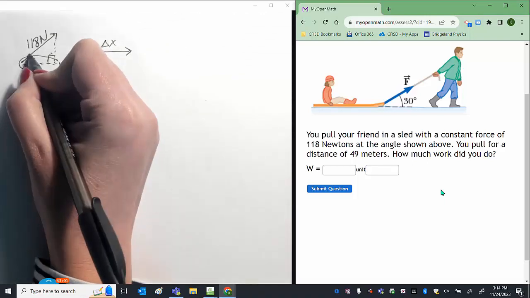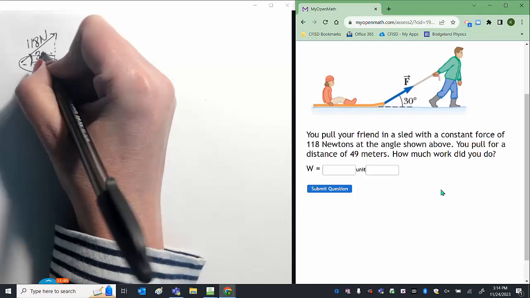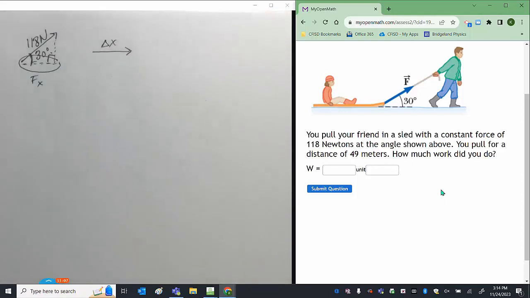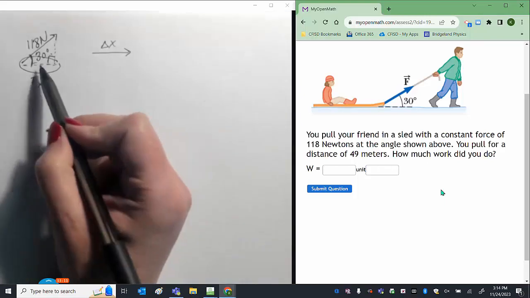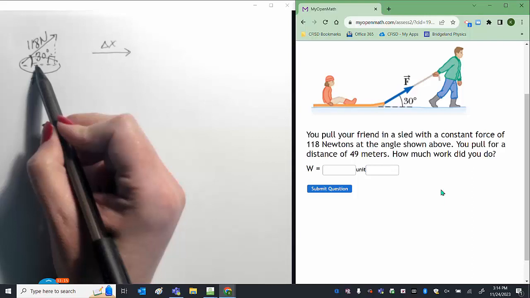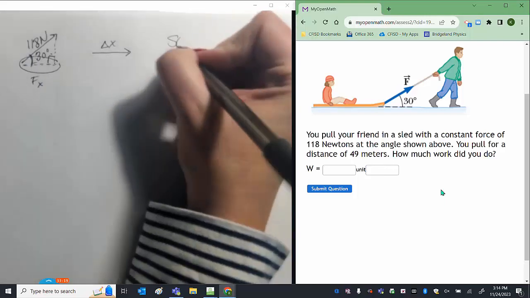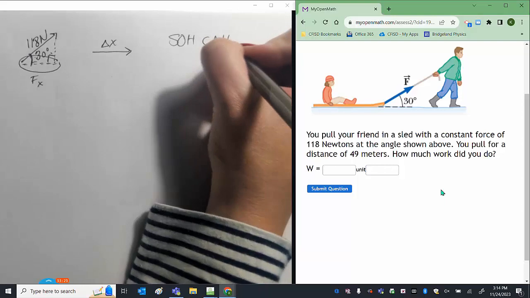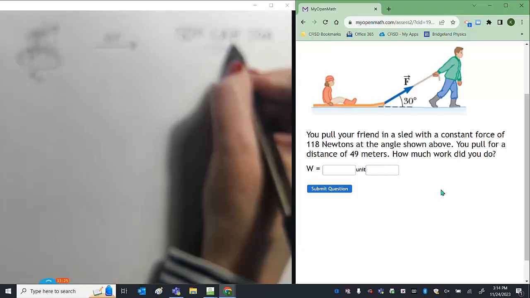All I care about is the horizontal component, so that force that's in the x direction. And again, I know how to find that because we also have an angle here of 30 degrees. So I know that I can find this with some trig. This side is adjacent to my angle, and so if I want to find the adjacent side and I have the hypotenuse and the angle, that's when we go back to SOHCAHTOA, but it's the CA in SOHCAHTOA, adjacent over hypotenuse.